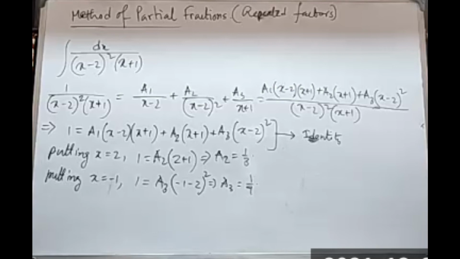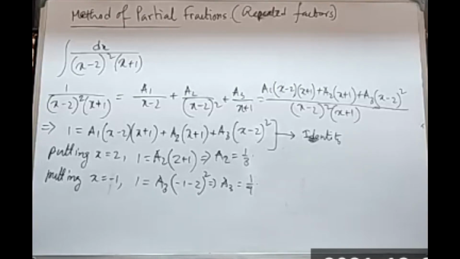So why are we putting those factors only? Because it is easy to make factors 0. For easy calculation, it is required. That's why we are putting those values. But now see, all the possible factors we have done. X minus 2 and x plus 1 are the factors. So 2 and minus 1 we have done.